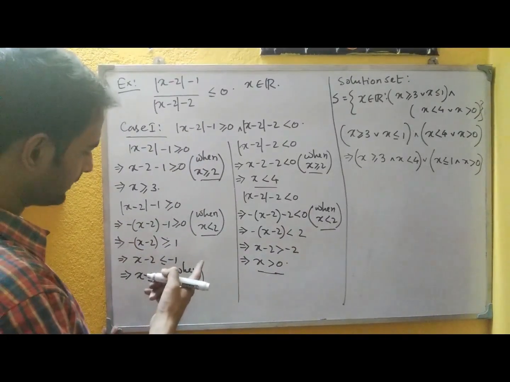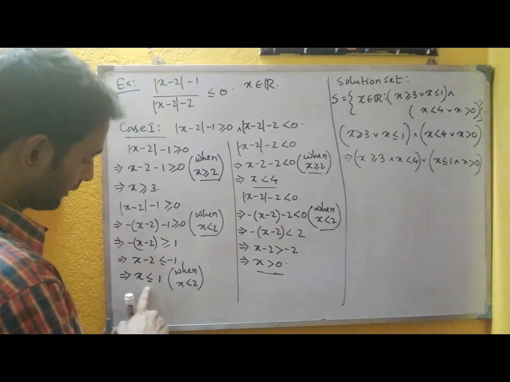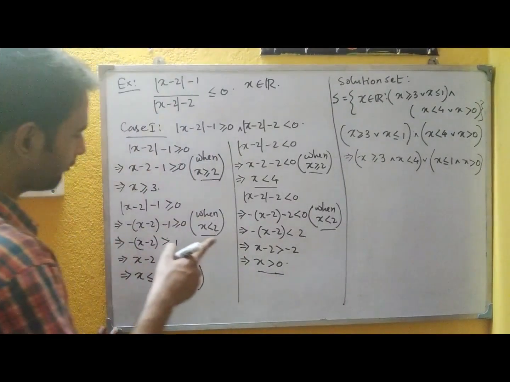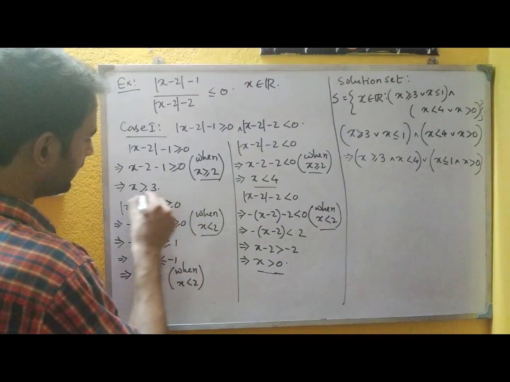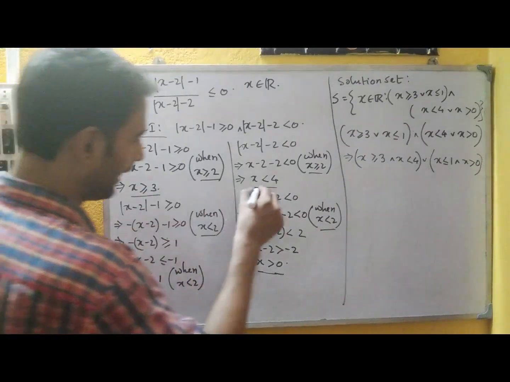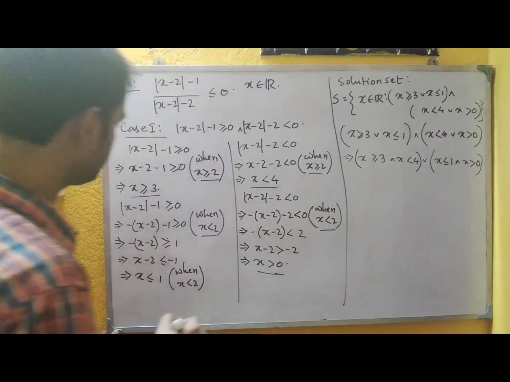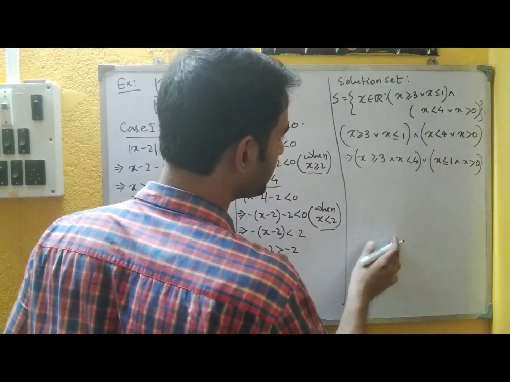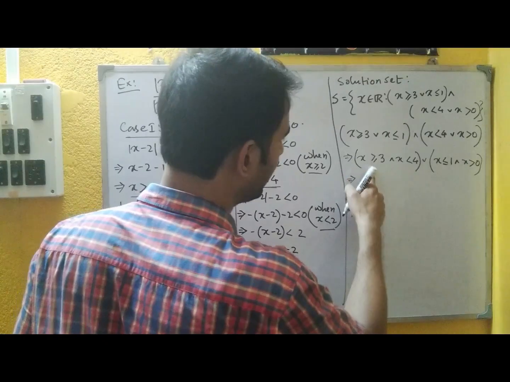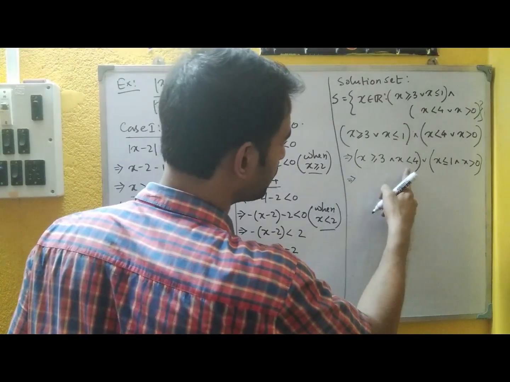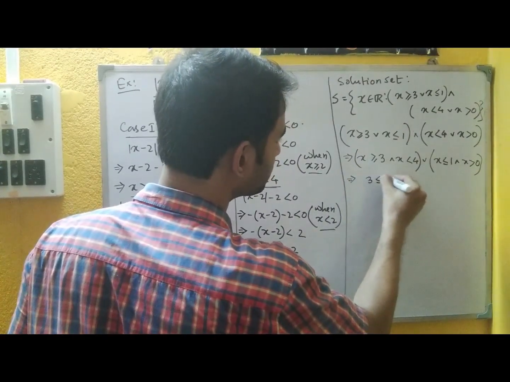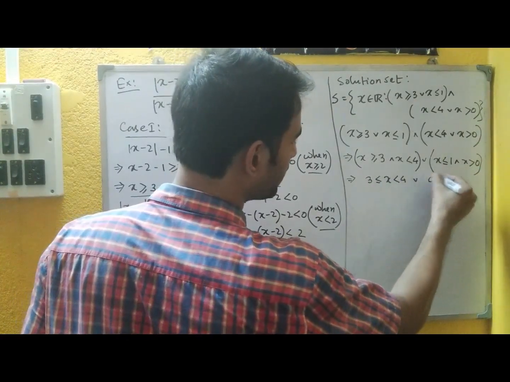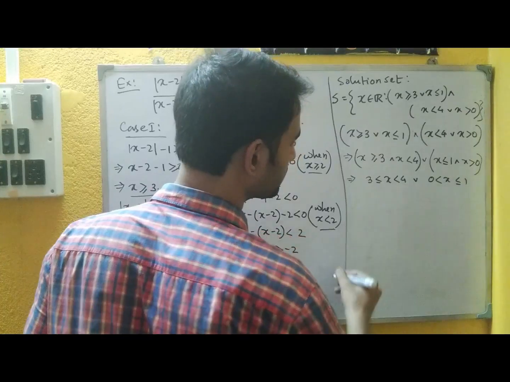So what we get when x is less than 2? Either x less or equal to 1 and x greater than 0. And what happens for x greater or equal to 2? X greater or equal to 3 and x less than 4. So that's why we pair these inequalities. So now see, x greater or equal to 3 and x less than 4, we can write it like this, combining, or this one can be written as this.